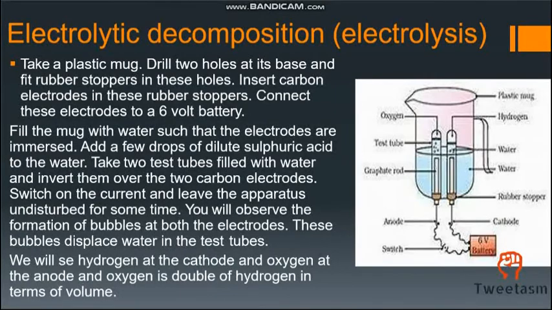Electrolytic decomposition: take a plastic mug, drill 2 holes in the base and fit rubber stoppers in these holes like this. Insert carbon electrodes in these rubber stoppers. Connect these electrodes to a 6 volt battery.